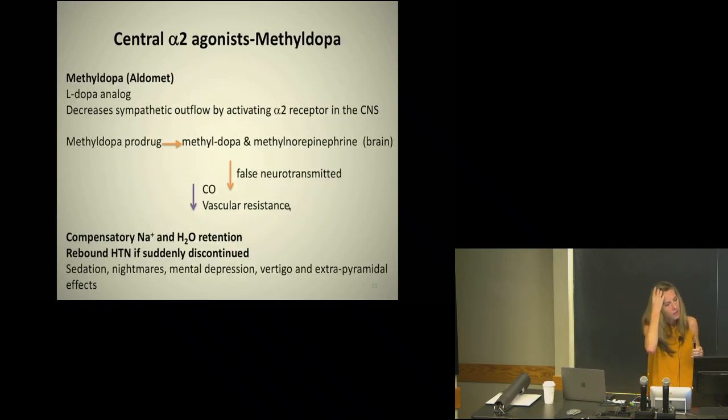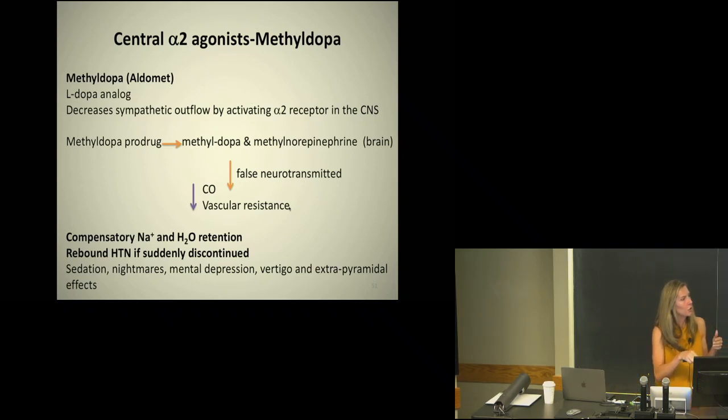Okay. So methyl-dopa is the other alpha-2 agonist I want to talk a little bit about. Hint here is just look at its name, methyl-dopa. Okay, so dopa is going to be dopamine. Methyl means that there's an added methyl group. So it's going to get metabolized into a drug that looks like norepinephrine.